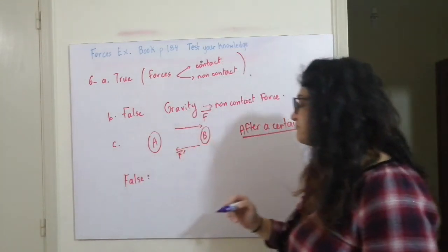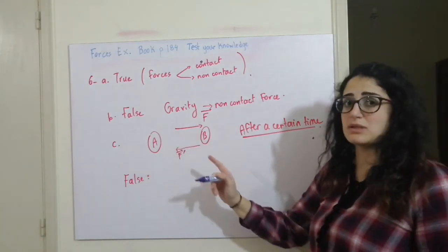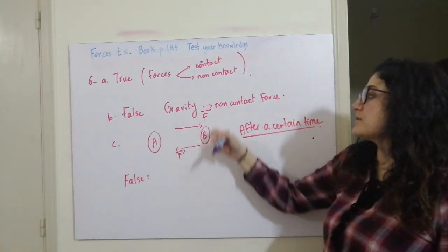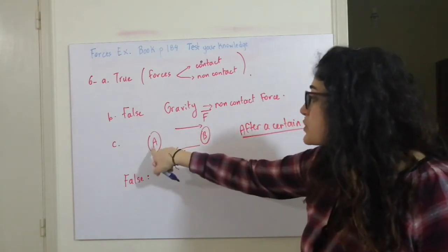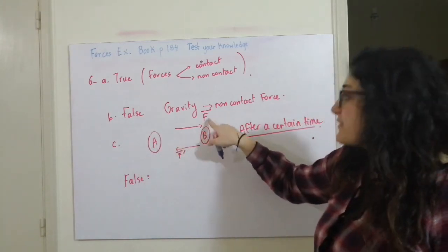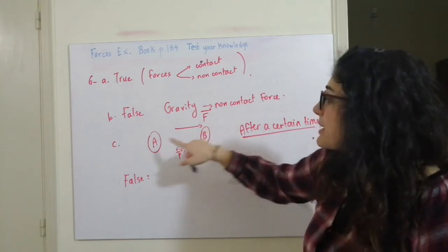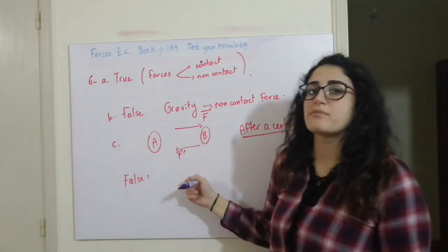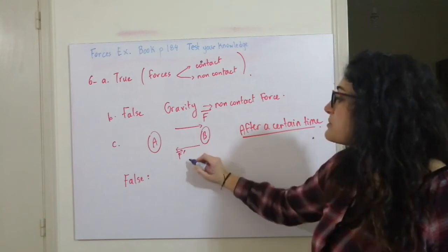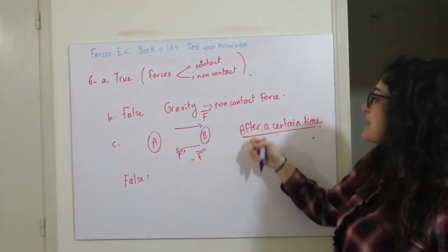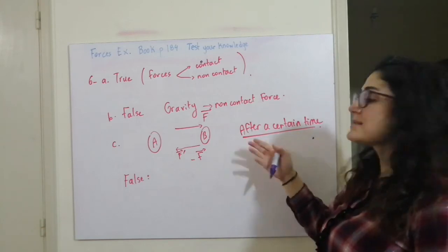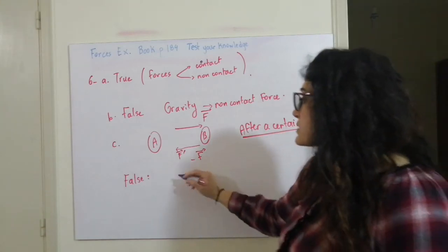The first one, when we talked about interaction, we said that the two forces will be equal in magnitude, which means the force exerted by A over B, if it's F, then the force exerted by B over A is going to be also F, but in an opposite direction, which means minus F. This is the first mistake. The second mistake, it's not after a certain time, it's at the same time. So false.